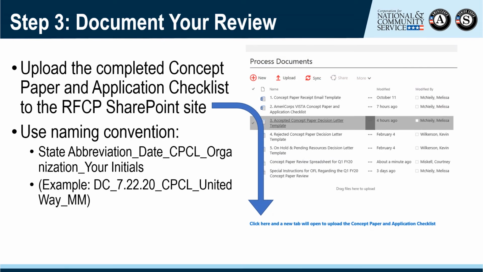For step 3, you'll then upload the checklist onto the RFCP, again, Request for Concept Papers, SharePoint site for electronic storage purposes. As you can see at the bottom of the RFCP SharePoint page, there's some blue text that states, click here and a new tab will open to upload the concept paper and application checklist.